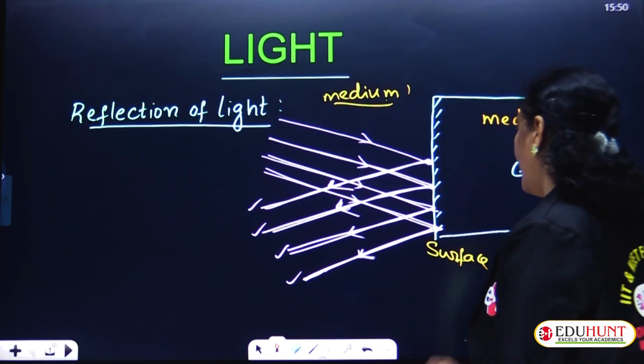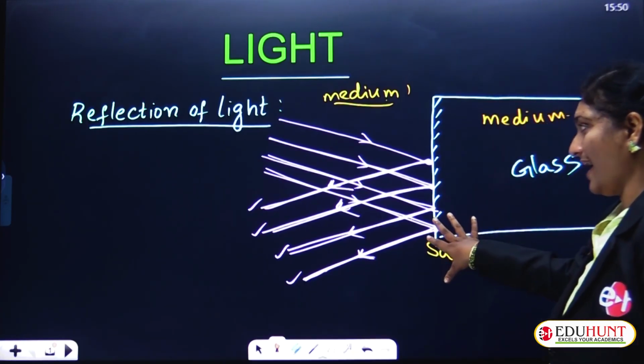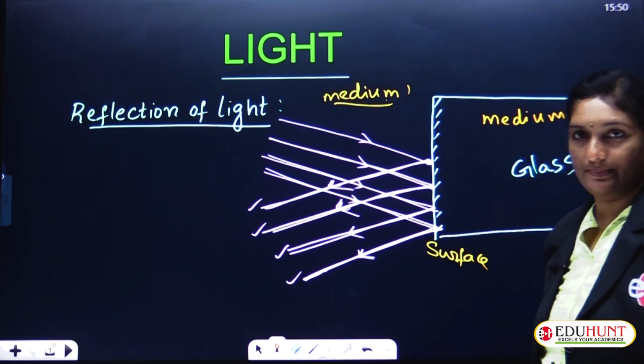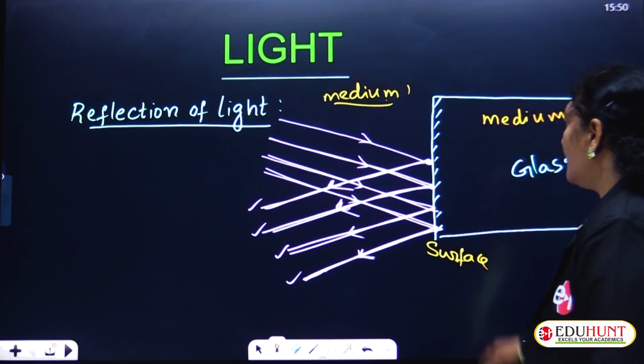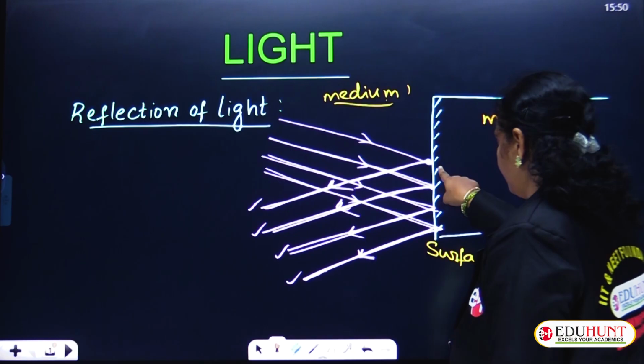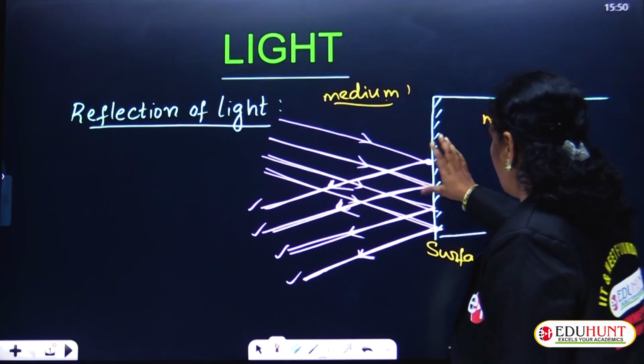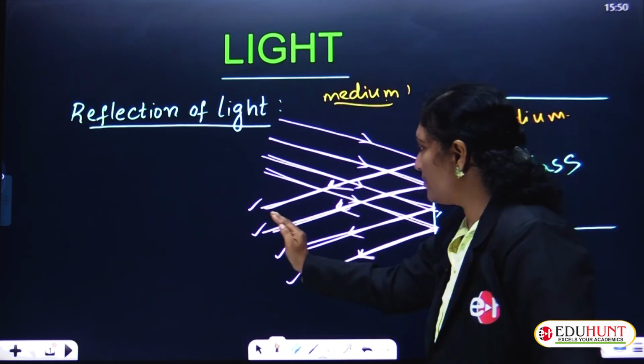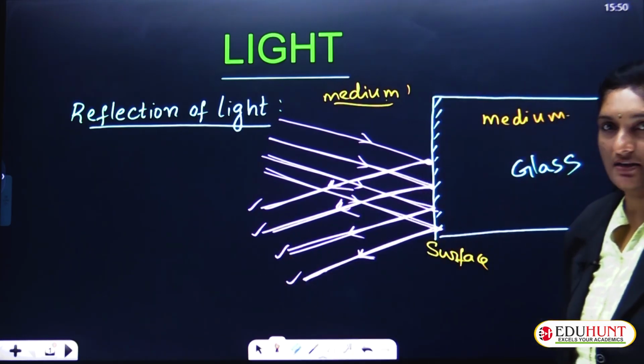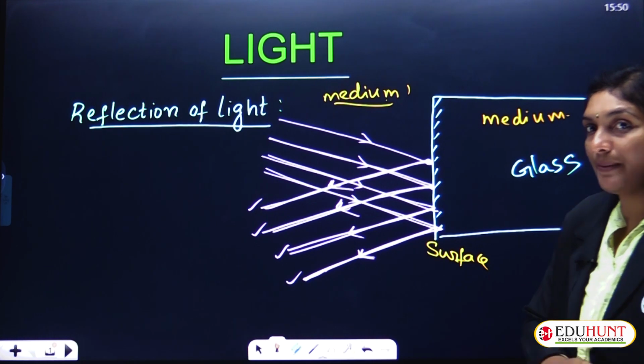Well, let us also try to understand the types of mediums. As I said, some portion of the light ray is being returned back. Then what happens to the remaining part?